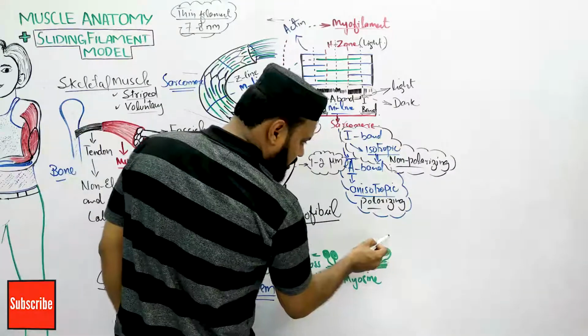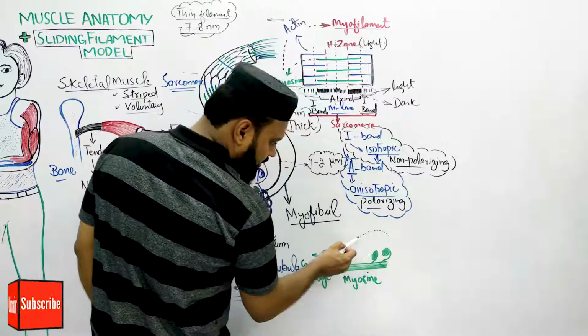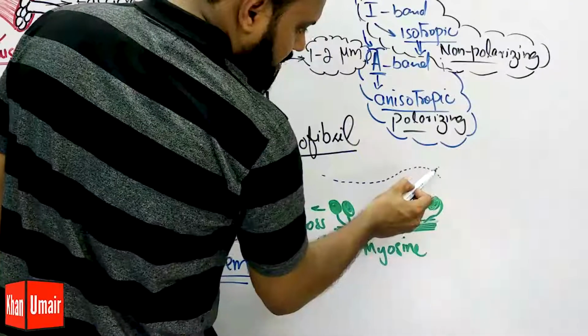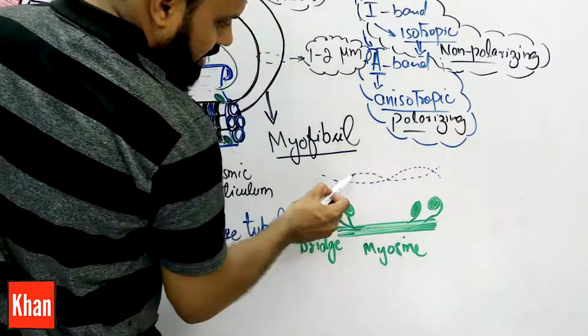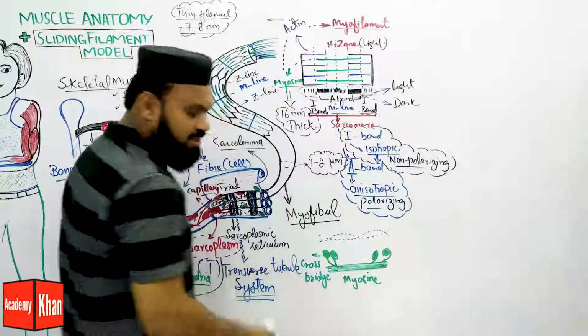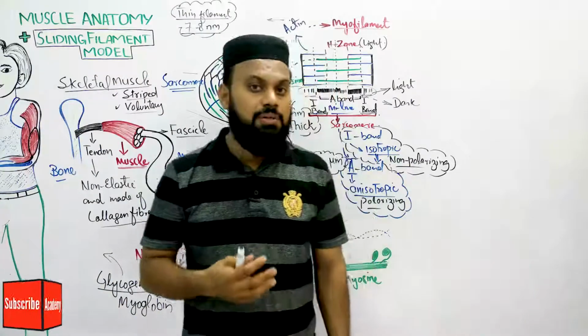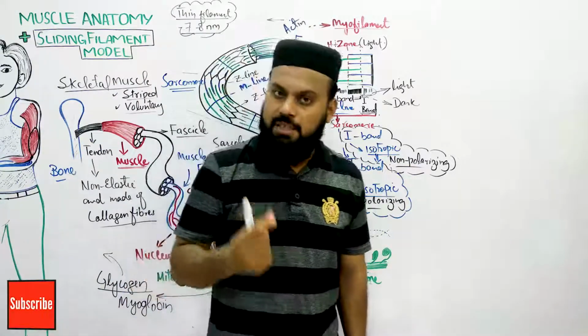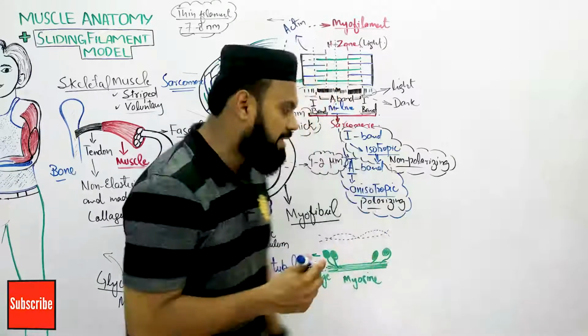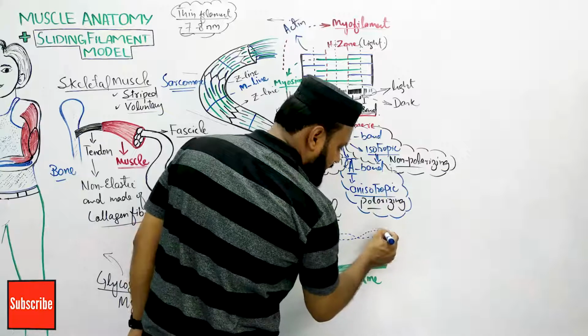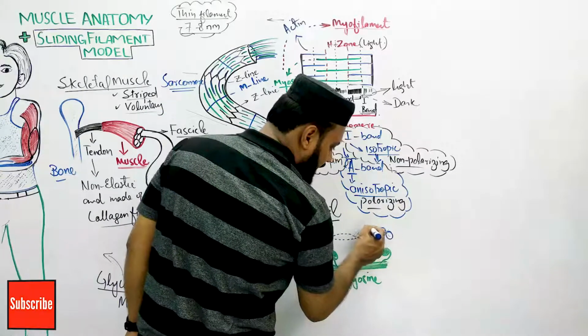To draw this, you just reference such a way that there are two lines which are coiled around each other. These are the reference lines only. What are we going to make? We are going to make a special kind of protein called actin protein. So the actin filament is basically made up of actin.